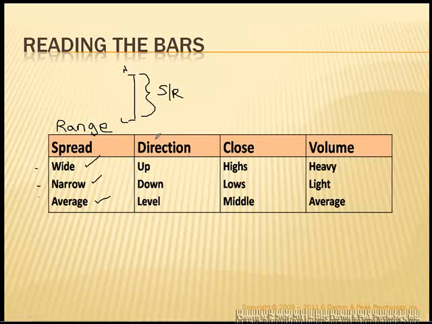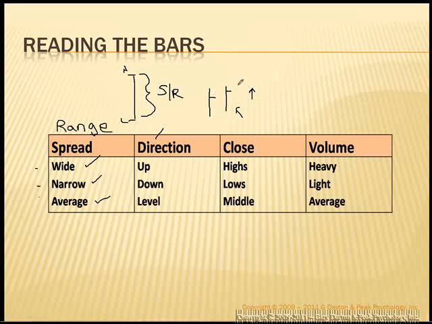Now, direction. What do I mean by direction? If we have a price bar and it closes here, and then we have another price bar and it closes here, then the direction of price on this last bar is up, because the close is greater than the previous close.